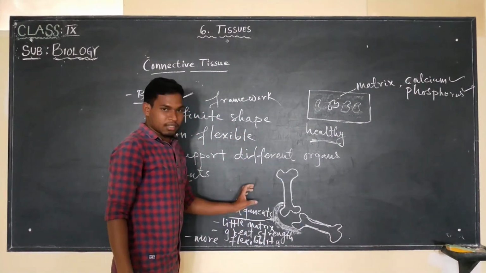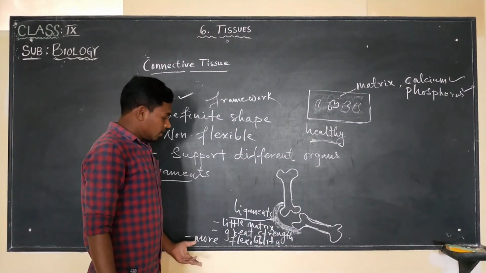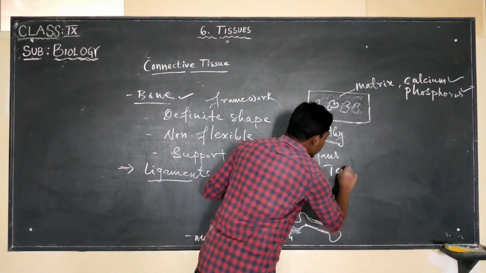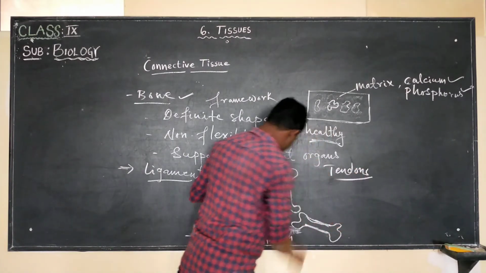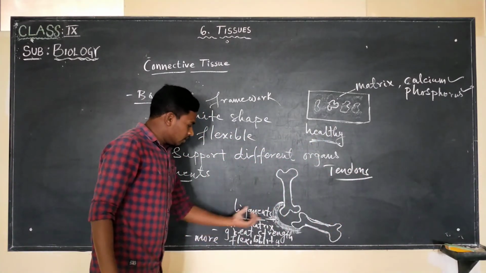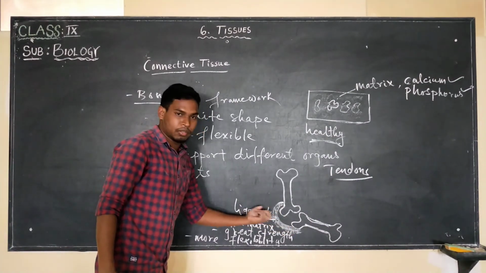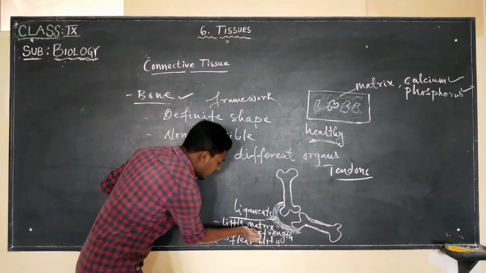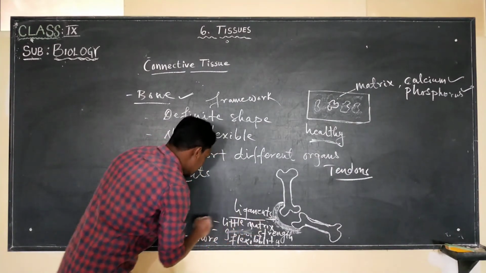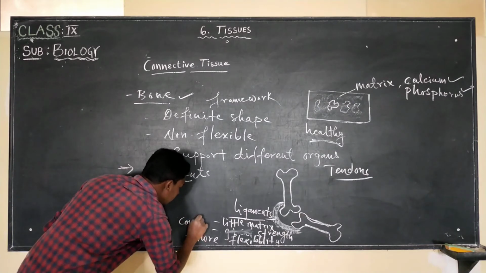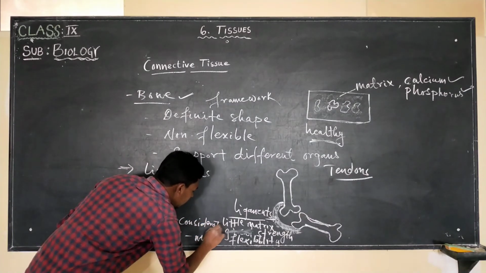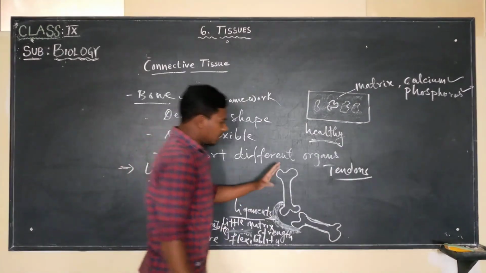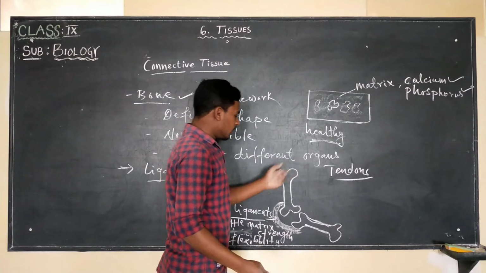And the next connective tissue is tendons. In ligaments, what we saw is that they connect two bones, they have little matrix, considerable strength, and more flexibility. And tendons, what is the function of tendons?